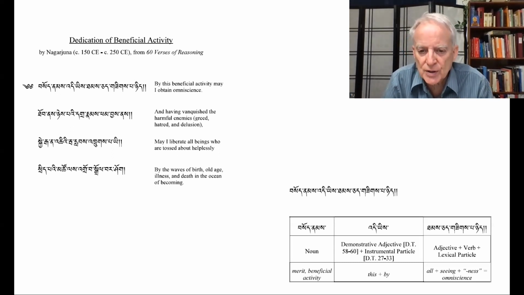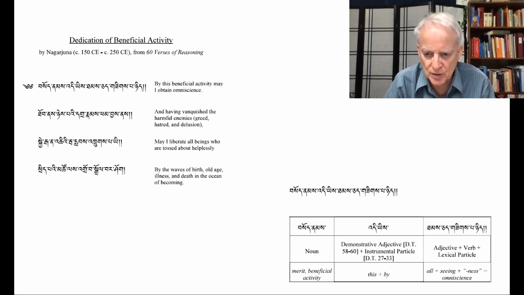Now D, this is a really common way for a binomial or a two-syllable construction to be made. D is a word. It's a demonstrative adjective here, and then ye is a particle. So this is very, very common. As the information tells us on the grammatical line there, D is what we call a demonstrative adjective, and these demonstratives are taught in the Divine Tree Grammar poem on lines 58 to 60.